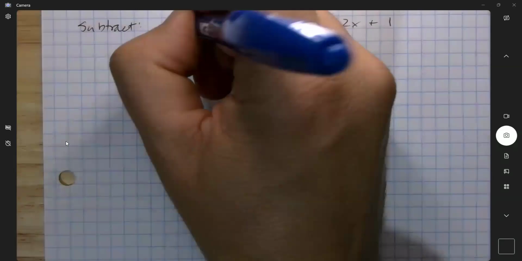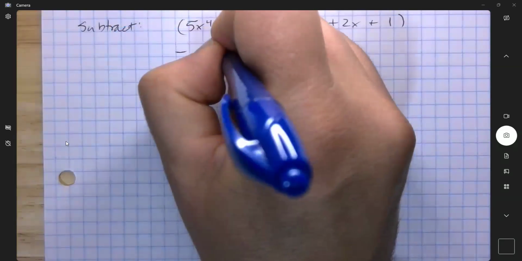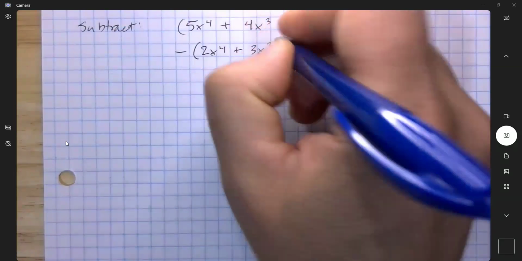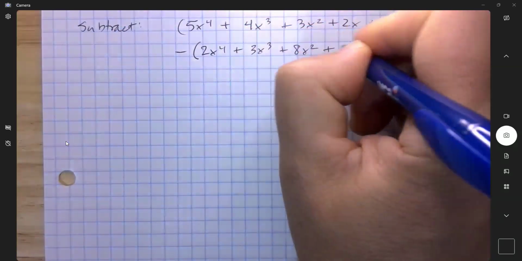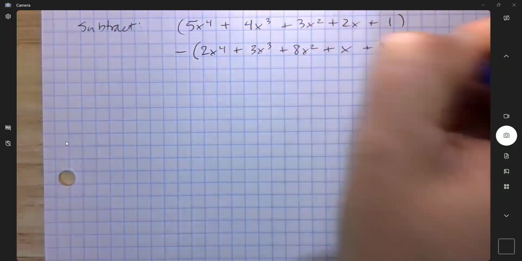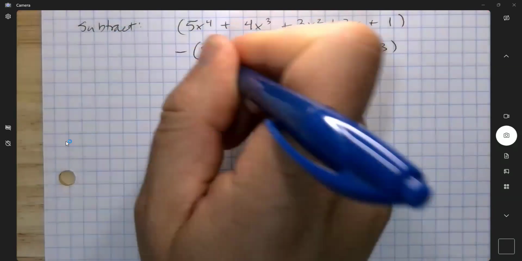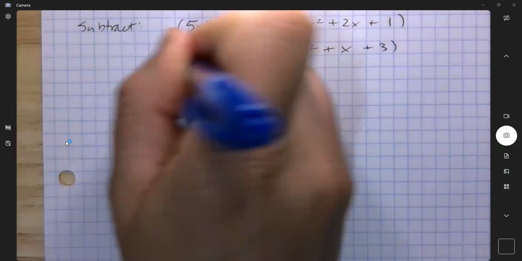And I'm going to take that and I'm going to subtract from it 2x to the fourth plus 3x cubed plus 8x squared plus x plus 3. And there's two ways you can do this. You can either do the subtraction of each individual piece.